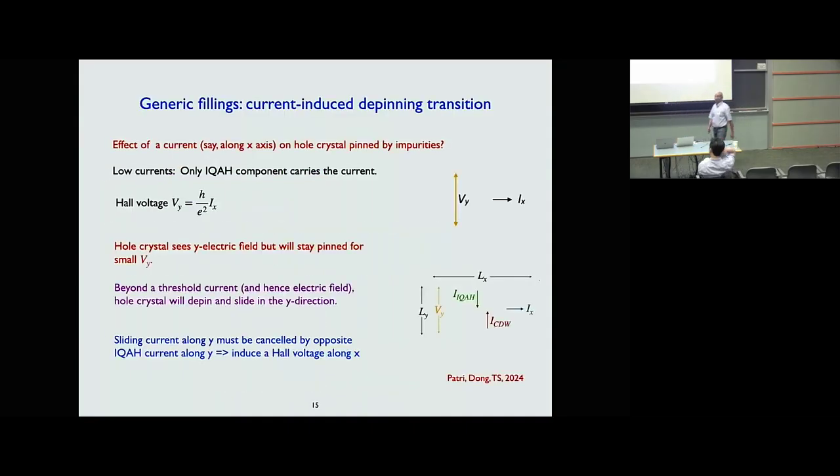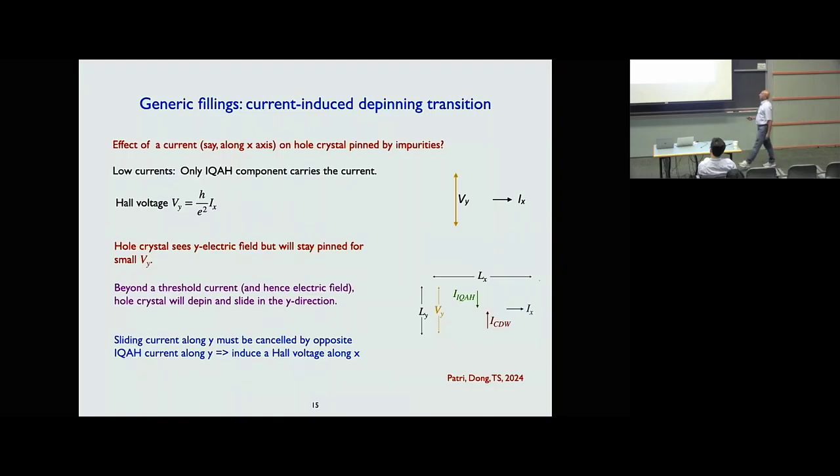Okay, so let me talk about the depinning transition, because that may be one of the most interesting phenomena. Let's ask about the effect of a current that I run along, say, the x-axis, on the Hall crystal at generic fillings, not at the special commensurate fillings. The Hall crystal is pinned by impurities, and we can ask what happens.